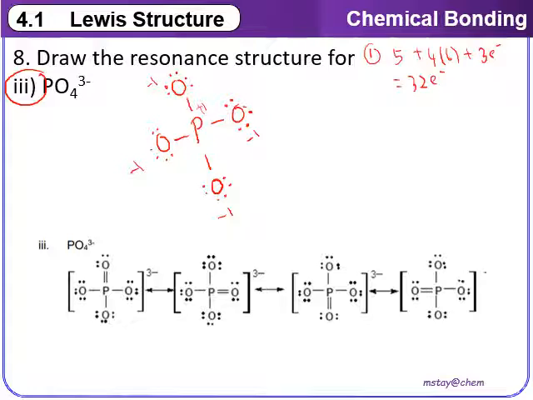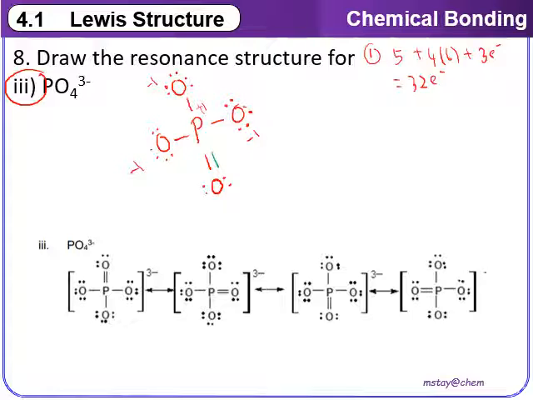When we look at this structure, we will notice that this Lewis structure is not the one with the lowest formal charge. So we try to think whether we can form a lower formal charge. We will think of moving one of the bonds from the oxygen to form a double bond.